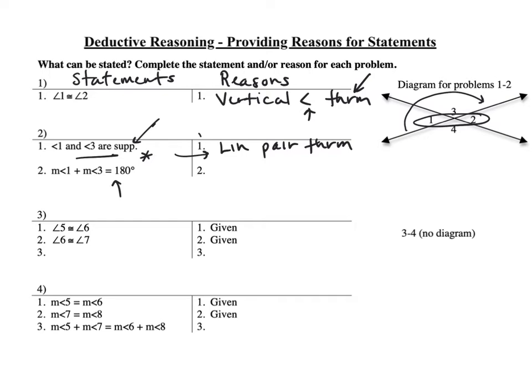Well, in proofs, usually the next reason, not always, but often, comes from the reason before it, or it always comes from above, or possibly the diagram. But we know that they're supplementary. That tells us they add to 180. So we need a reason for, if two angles are supplementary, then they add to 180 degrees. And that is the definition of supplementary angles.